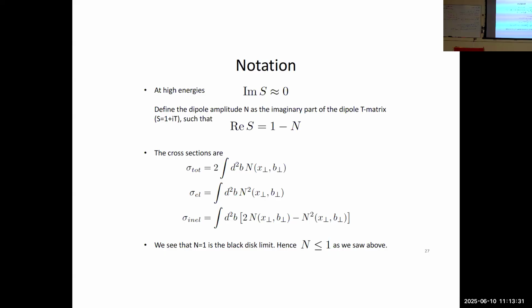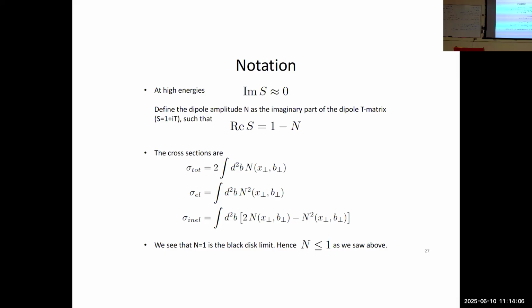Remember the formula, S is 1 minus N, therefore N is 1 minus S. So we have 1 minus e to the minus, let's keep all the factors, 1/2 pi alpha s squared CF over NC, x perp squared, T of B perp log 1 over x perp lambda. Okay, you say, great, you got some lengthy formula. What does it mean for us?